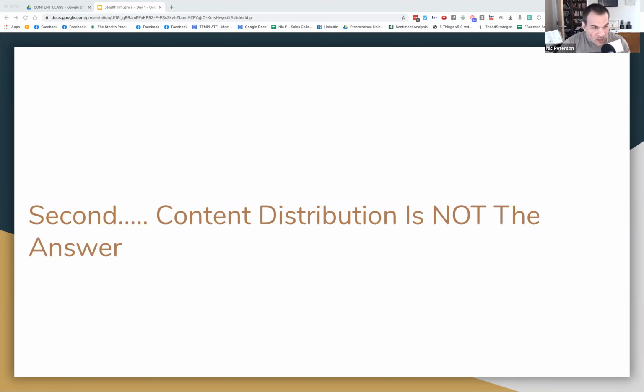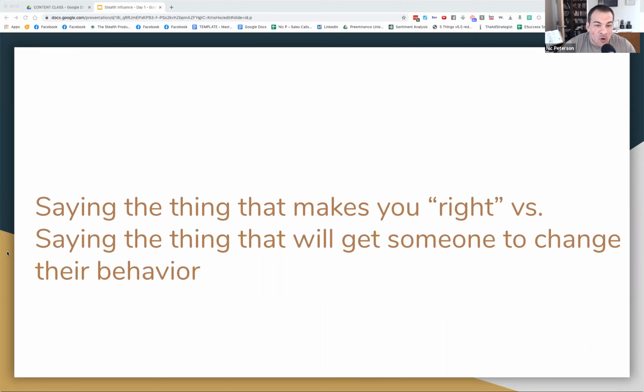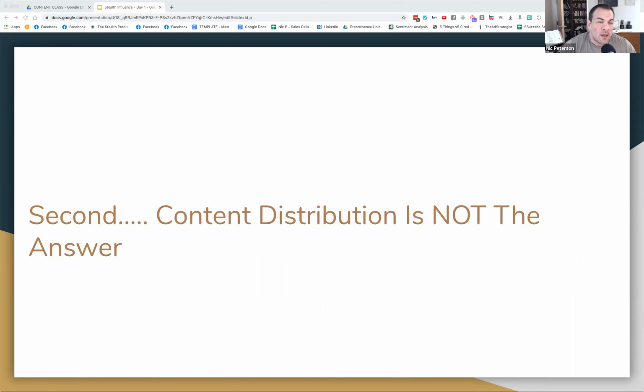content distribution is not the answer. Make 60 pieces of content. Gary V's out there saying document your life, yada, yada, yada. The reality is that works for very, very few people, because very few people in that content are saying the things that will get someone to change their behavior. There's a very select few that have mastered NLP and language, or they just live interesting lives and they're charming people.